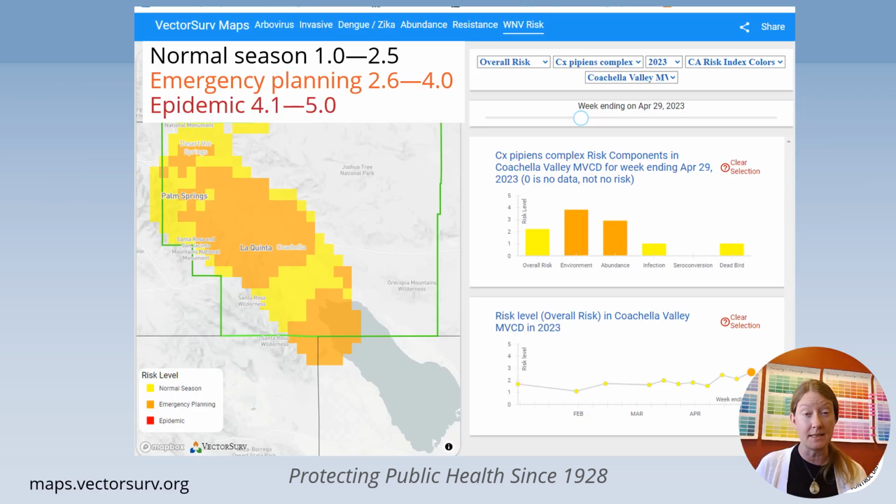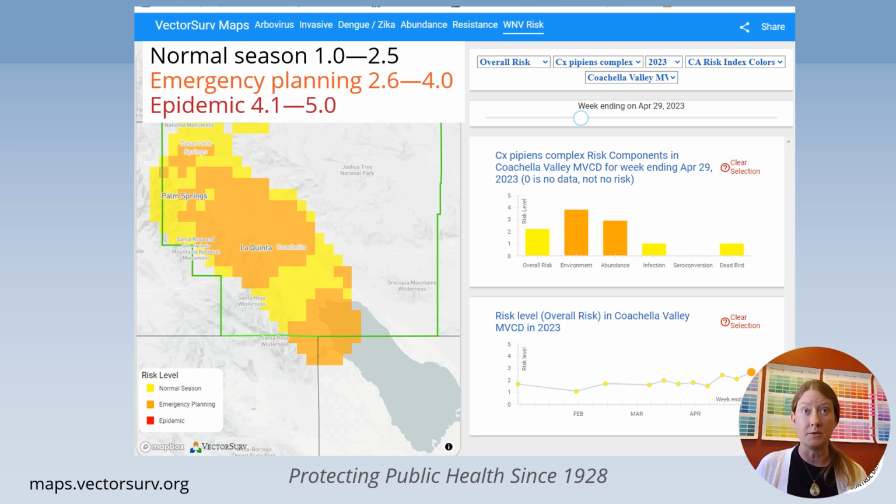Here we see an example of the risk values for areas of the Coachella Valley. If the overall risk level is between 1 and 2.5, we are in normal season work. If the risk level is between 2.6 and 4.0, we are in emergency planning level.